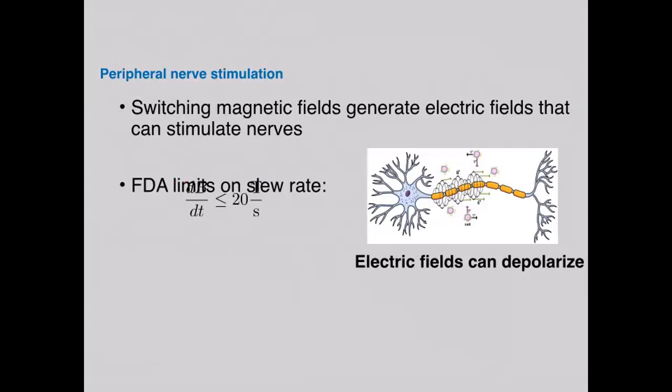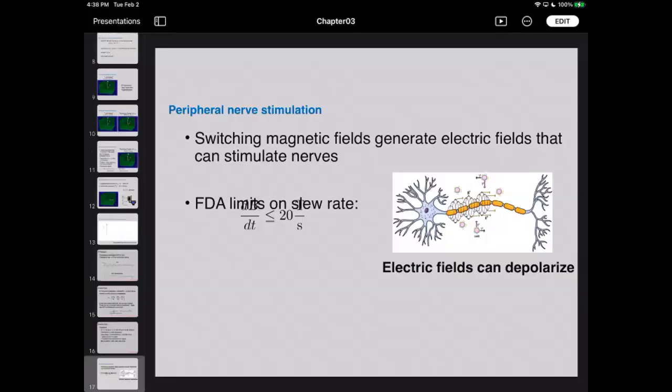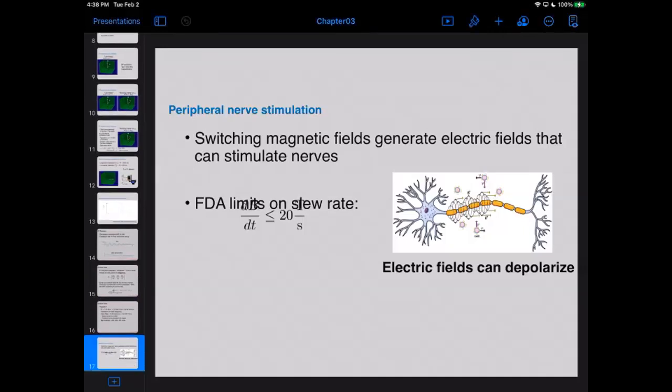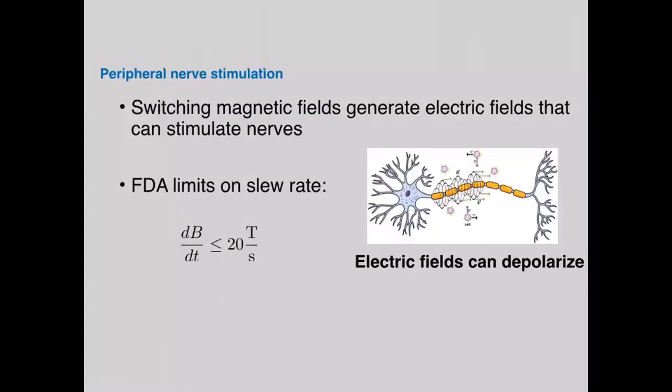But there's kind of like an FDA limit on what's possible, which is dB/dt is less than 20 Tesla per second. So this is the FDA limit on the slew rate.